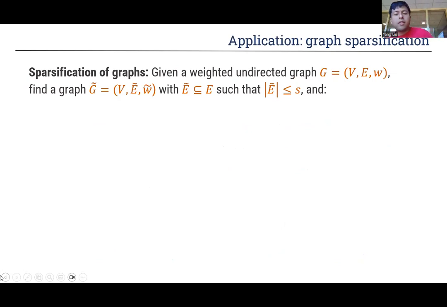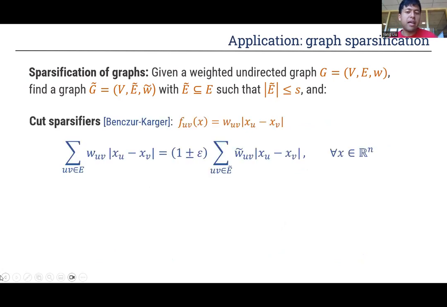Beyond regression, there have been applications of sparsification to graph problems. In graph sparsification, in general, we are given a weighted undirected graph G, and our goal is to find a graph G tilde with a subset of edges that has not too many edges itself, and that approximates various objectives. In the cut sparsifier problem introduced by Benczúr and Karger, the functions f that we wish to sparsify the sum of are just weighted absolute values of differences across edges.